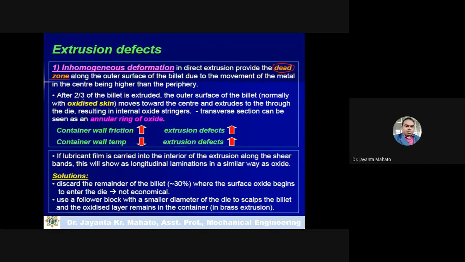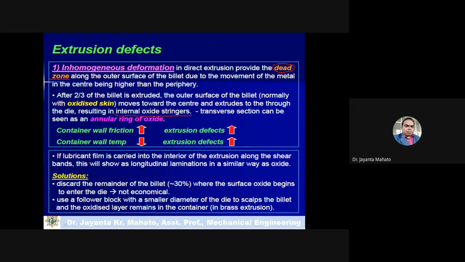After two-thirds of the billet is extruded, the outer surface of the billet, normally with oxidized skin, moves towards the center and extrudes through the die, resulting in an internal oxide string.